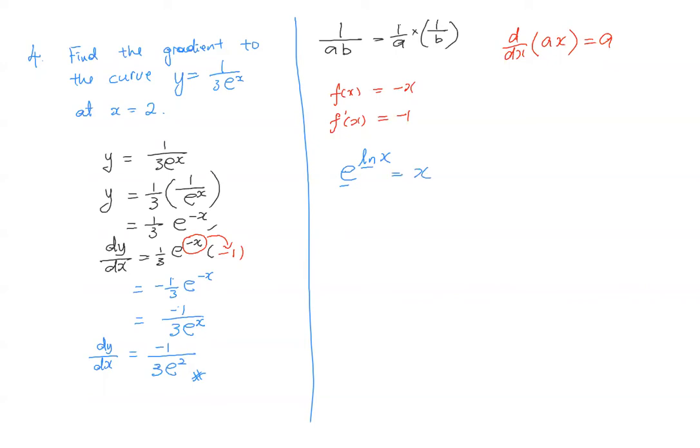So that is how you simplify this. So if I have e to the power of ln f(x), I can simplify it as f(x). This is the formula you have to remember.